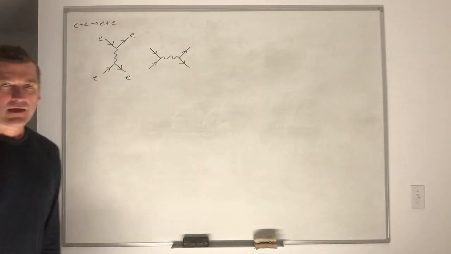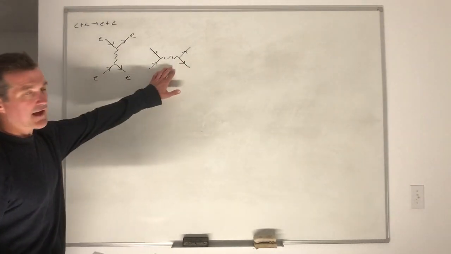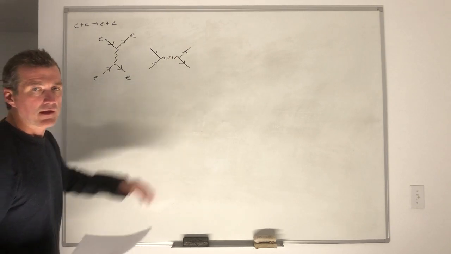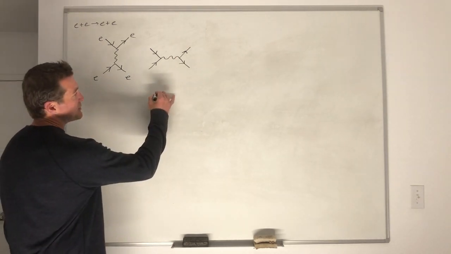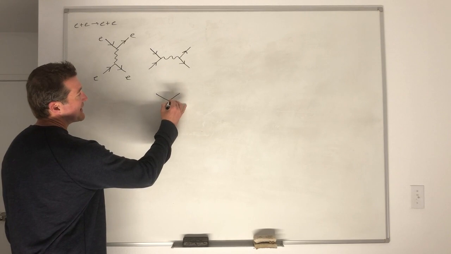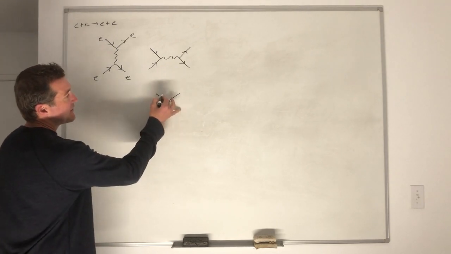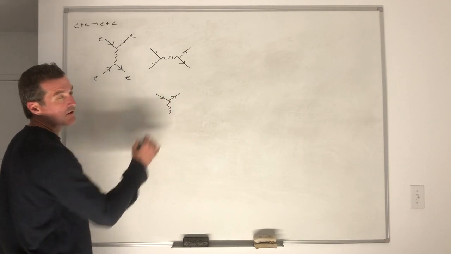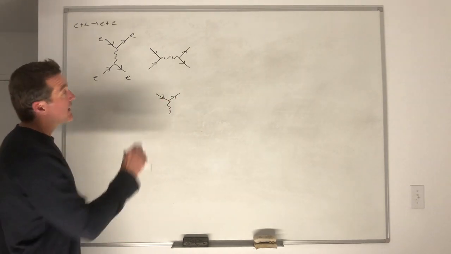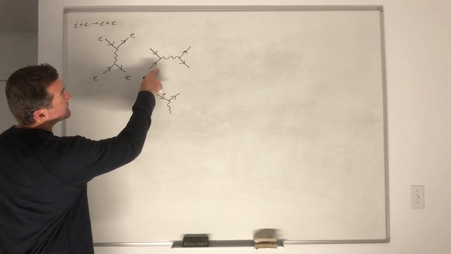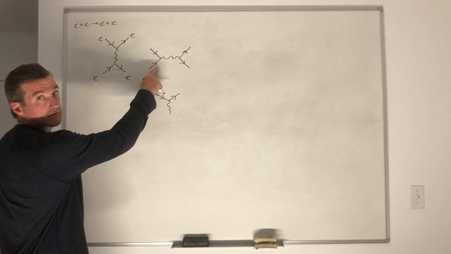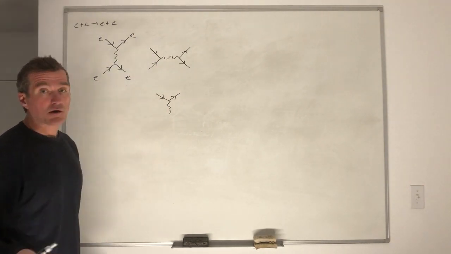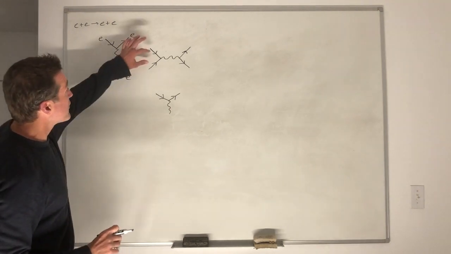All right. So this is actually not allowed because the vertices that you build quantum electrodynamic diagrams out of always have to have the flow of particle into the vertex and the flow of particle out of the vertex. Here you have the matter particles, the electrons, both of them flowing in.